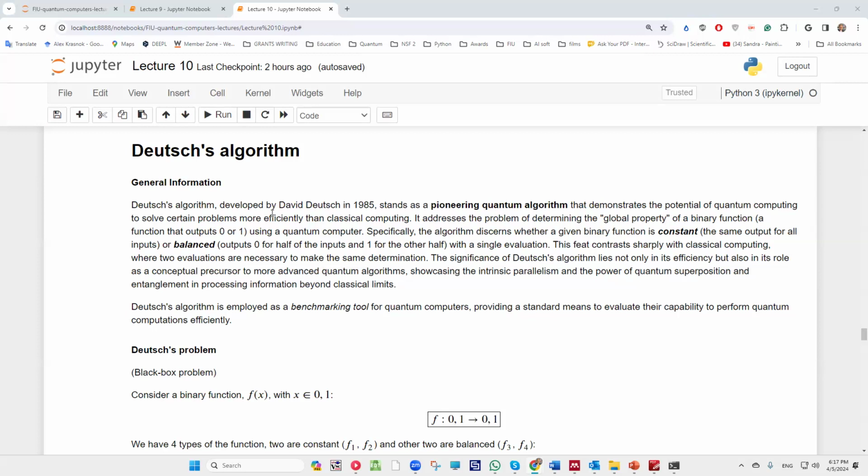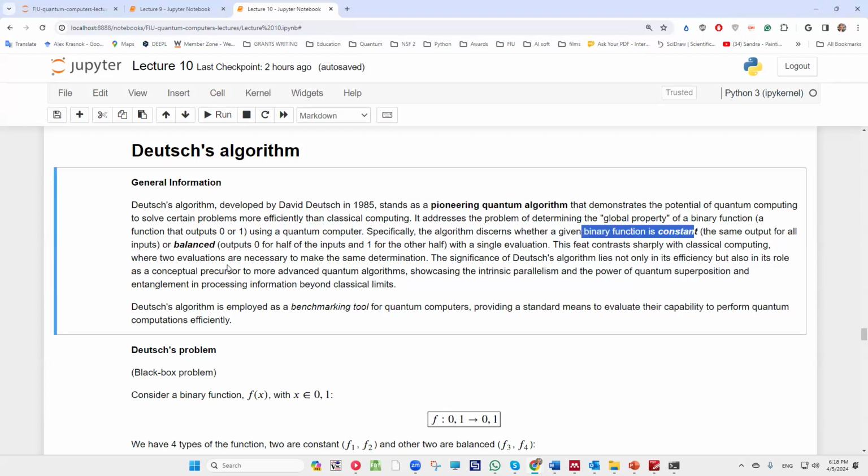This is an algorithm you can run on a machine to test it and see whether your system works well or not. Because the idea here of using the oracle function, whether constant or balanced, is relatively easy to implement on a quantum computer.